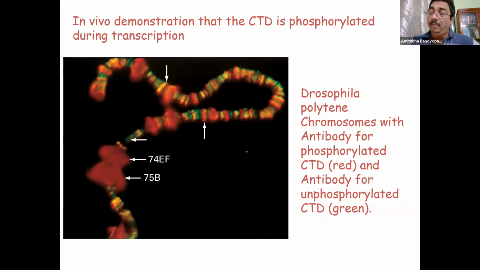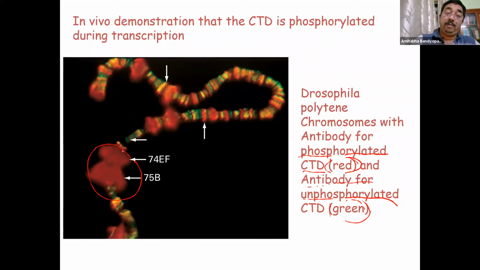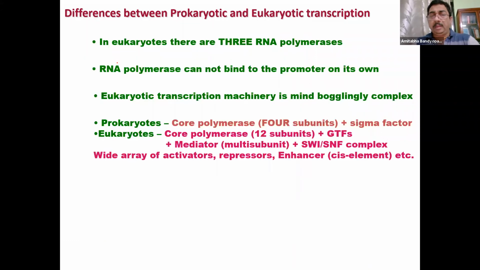If you take two different antibodies, one specific for phosphorylated CTD, fluorescently tagged with red, and another specific for unphosphorylated CTD, tagged with green, you can see that certain parts of the chromatin are green, certain parts are red, and certain parts are hazy yellow. These are very actively elongating RNA polymerases.